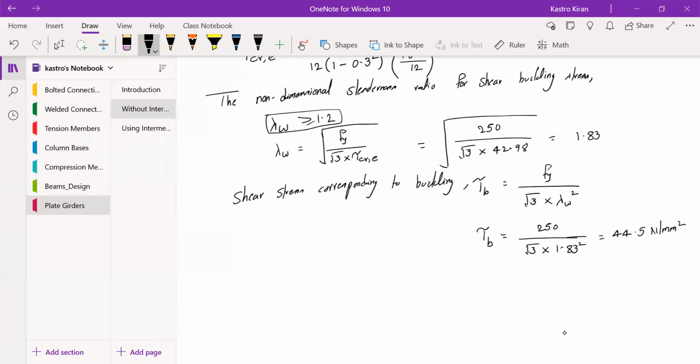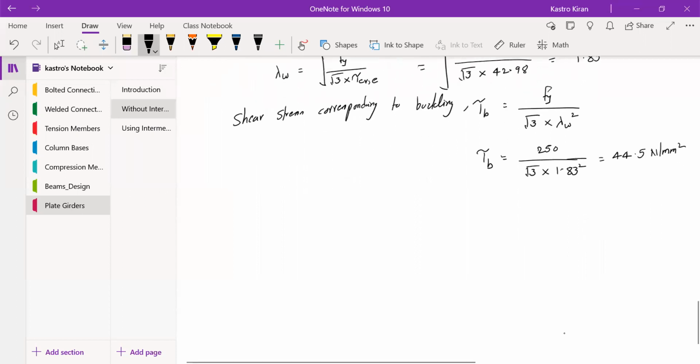Now, ultimately, what you're going to find out is the shear force corresponding to buckling. How will you find this?